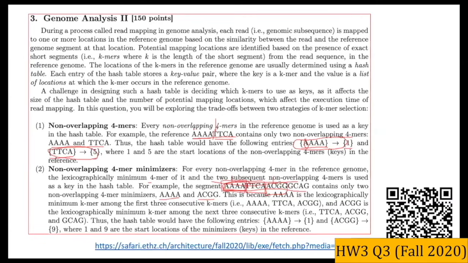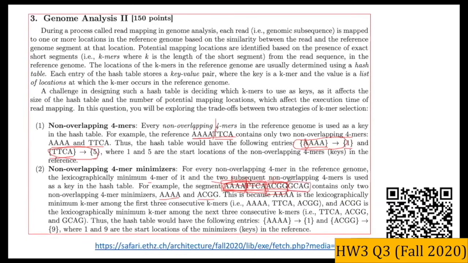We repeat the same thing, but now when we extract the next 3 k-mers, the first one will be TTCA, ACGG is the second k-mer, and GCAG is the third k-mer.